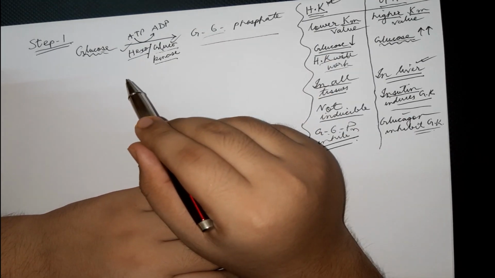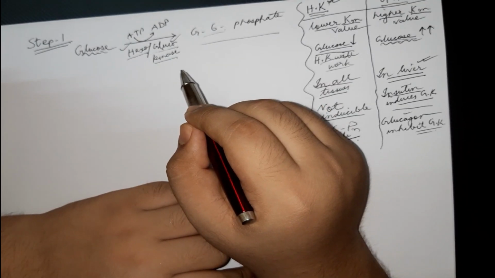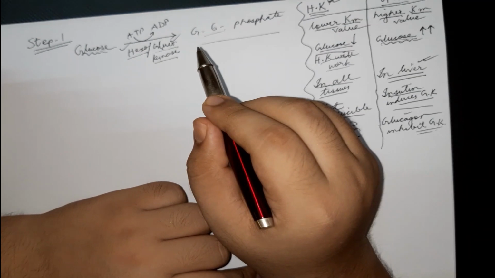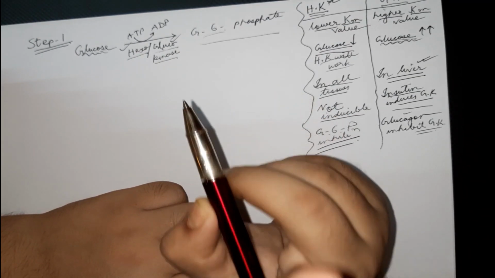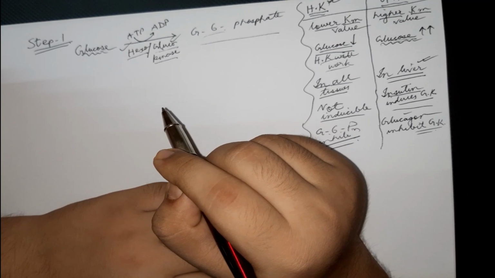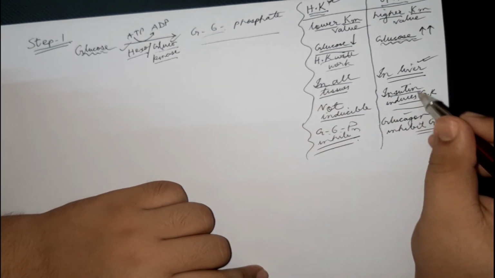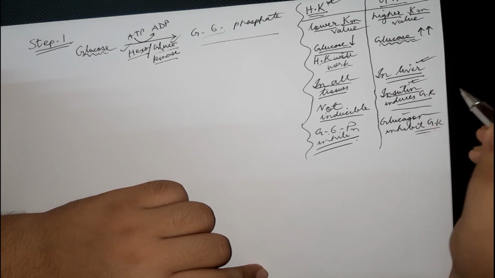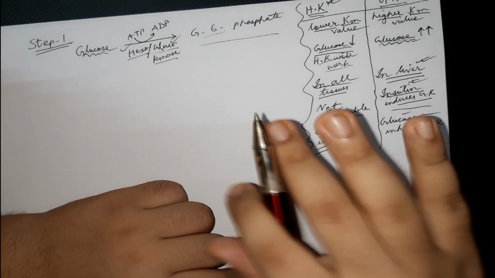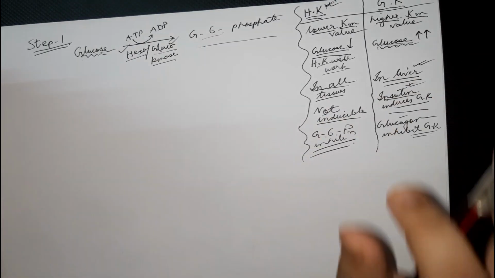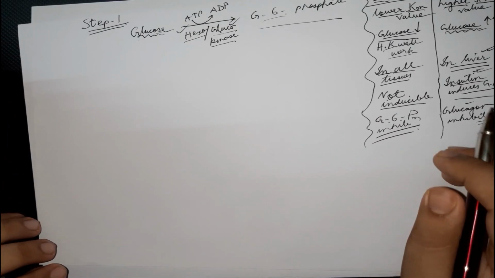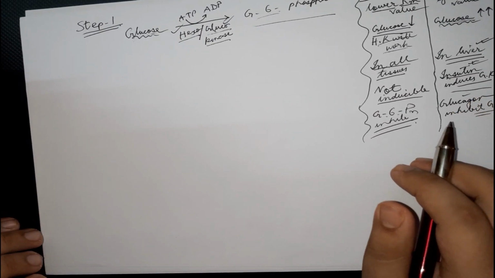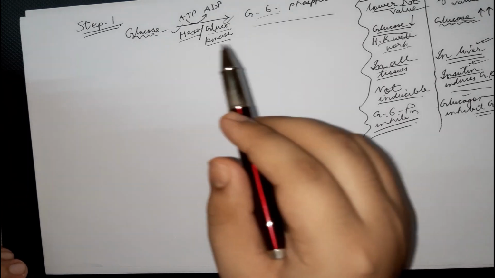Product inhibition works on hexokinase, and that is the only thing that can inhibit hexokinase, unlike glucokinase, which is affected by third-party factors like insulin, glucagon, etc. We'll talk about this again when we talk about regulation. I just mentioned it. So that's about hexokinase and glucokinase.